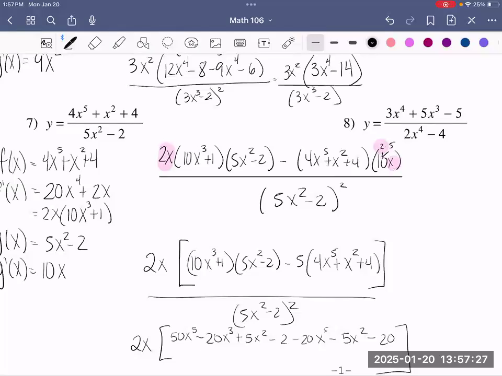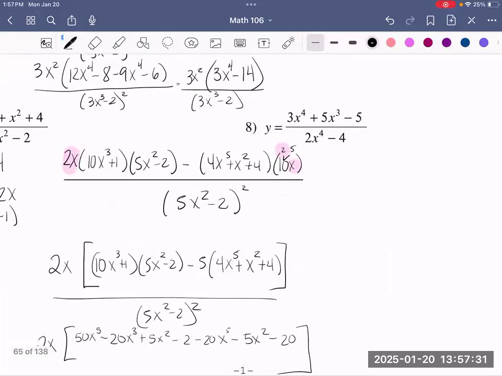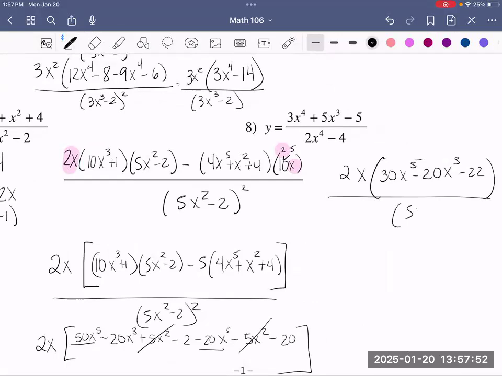That's all in your numerator. So let's see, if we were to keep simplifying, we have 2x. Let's see, 50, 20, so we have 30x to the 5th minus 20x cubed. These x's will cancel, minus 22. There we go. All over 5x squared minus 2, all squared.